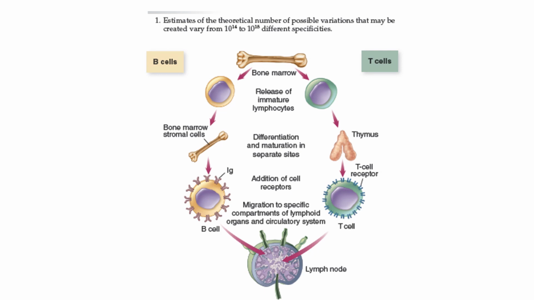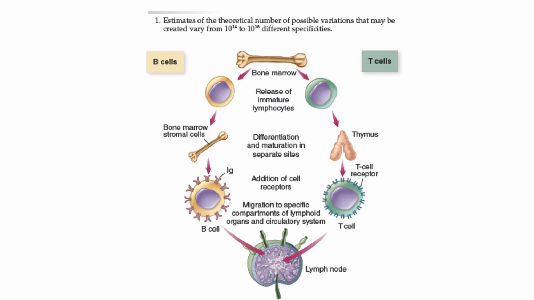So the ELISA utilizes antibodies. And we talked about this in lecture, how antibodies are made from B cells, and that B cells originate in the bone marrow from a hematopoietic stem cell. They each have somewhere between 10 to the 14th and 10 to the 18th different kinds of IgD on the surface.